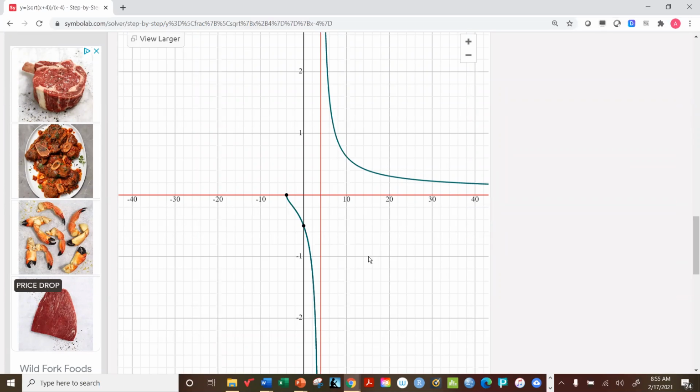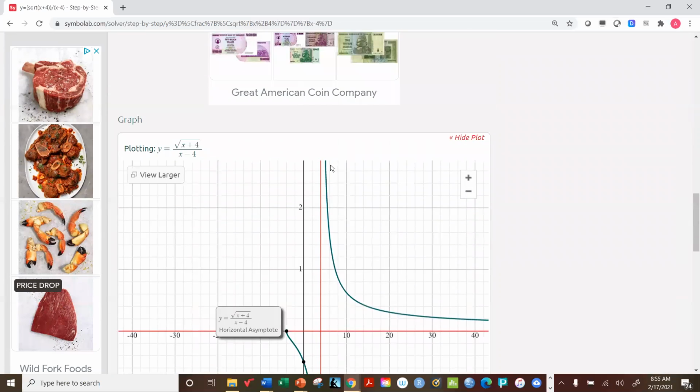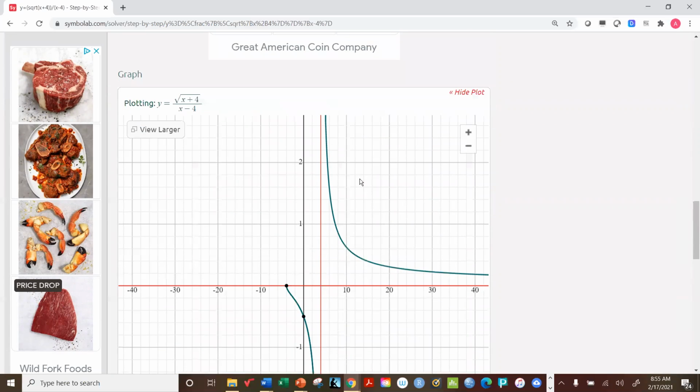So as we said, it starts at -4. There's no values of x before that. And then after that, the only value that's disallowed is 4 itself, which means we have an asymptote there. How do you like that? It just sort of stops right there. Interesting.